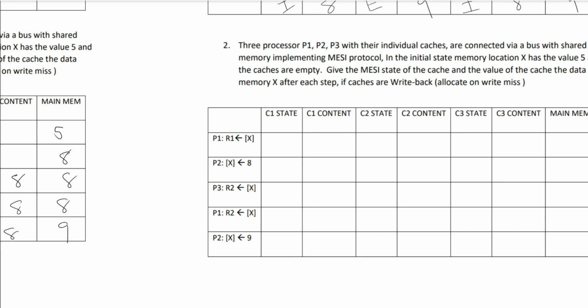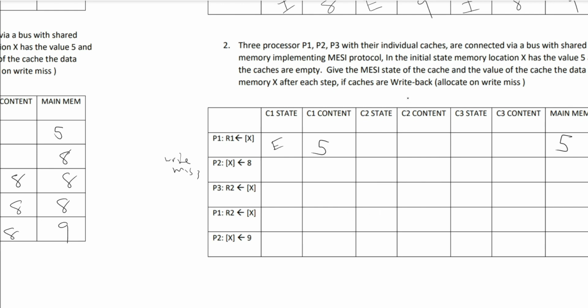Right, so these are the same thing, except it's write back this time. So main memory has 5. It'll read it just like the other one. Processor 1. The content is 5. Exclusive at the beginning. Okay, so this will be a write miss because it's not in processor 2's cache.